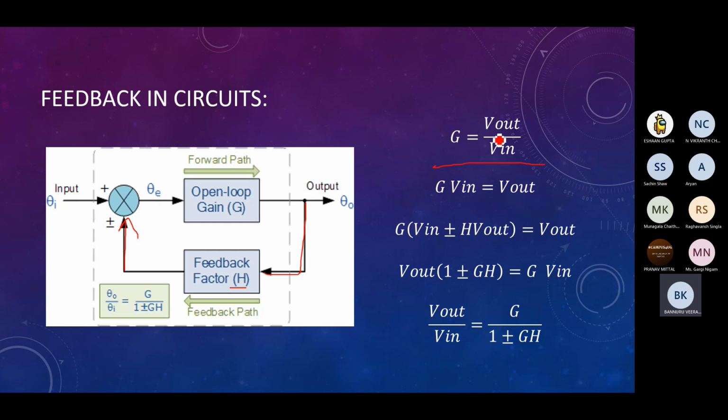Initially the gain will be V out by V in, and we can see that this is V out, and it will become H times V out.